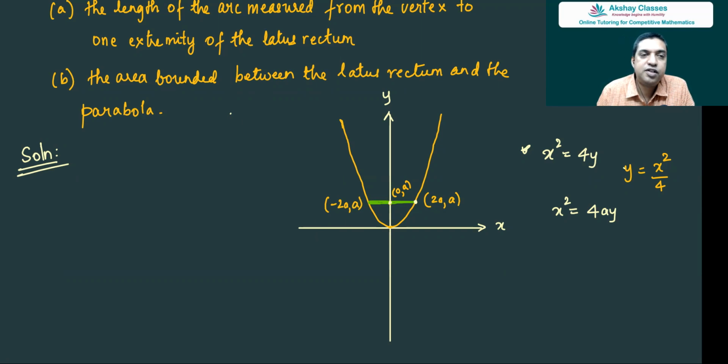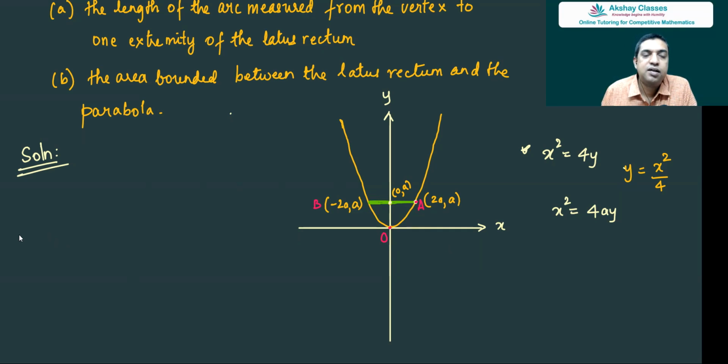The first question tells me I have to find the length from O to, let's say, this end of the latus rectum is A, this end is B. So either O to B or O to A. I'll choose O to A because x will be positive.